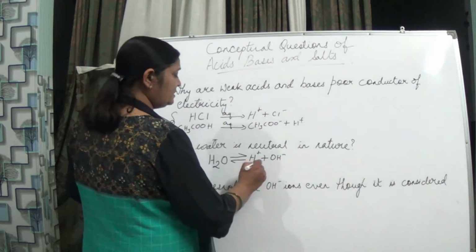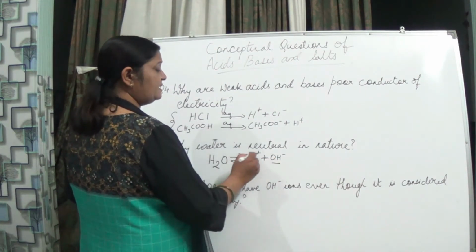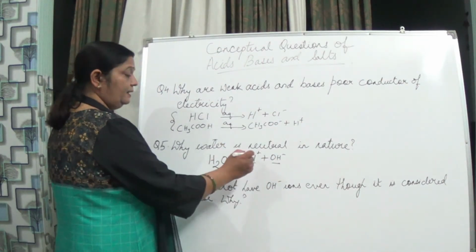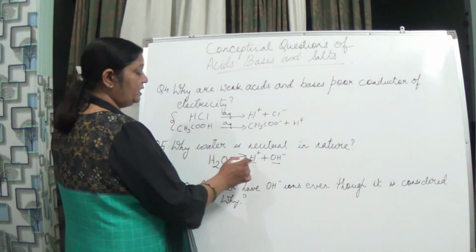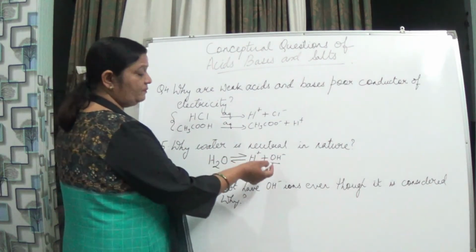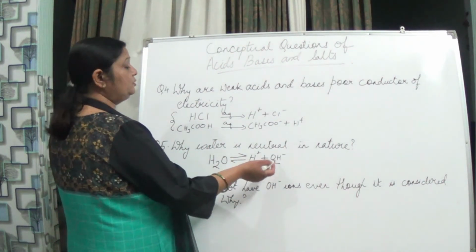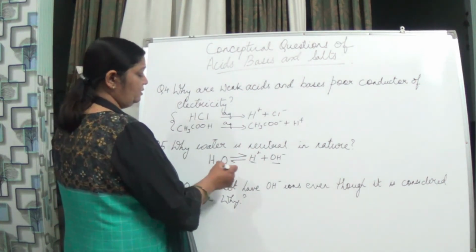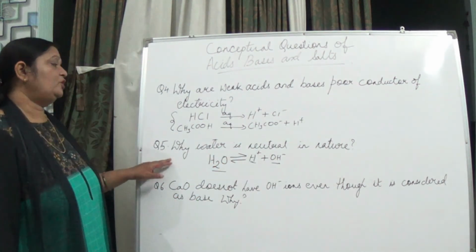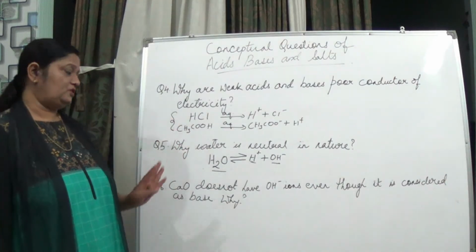It exists in this form. These H+ and OH- ions together form H2O. So H+ ions for acids and OH- ions for bases, both together neutralize their effect, thereby forming water. So water is neutral in nature.